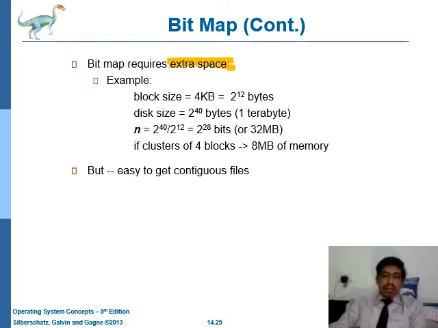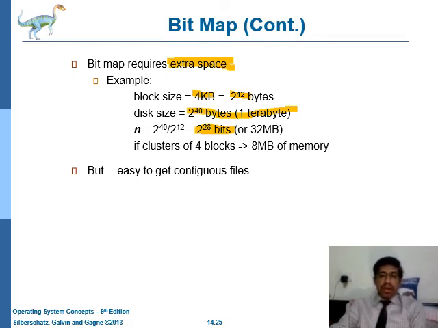Let us take an example of a 1 terabyte disk. 1 terabyte generally amounts to 2 raised to power 40 bytes. And if the size of each block on this disk is 4 KB, that is 2 raised to power 12 bytes, then the total number of blocks available on the disk is 2 raised to power 28. It will require these 2 raised to power 28 bits in order to represent the status of each of those 2^28 blocks.